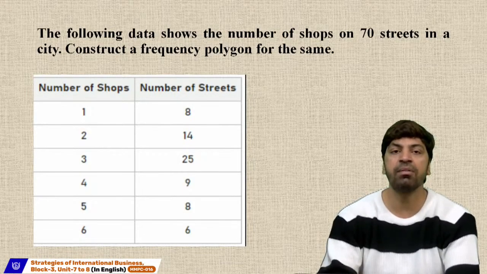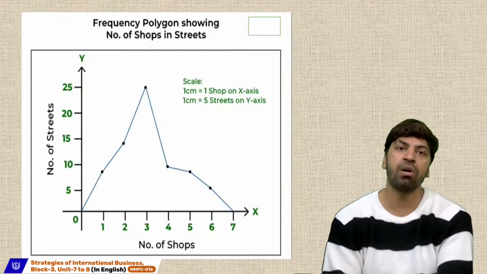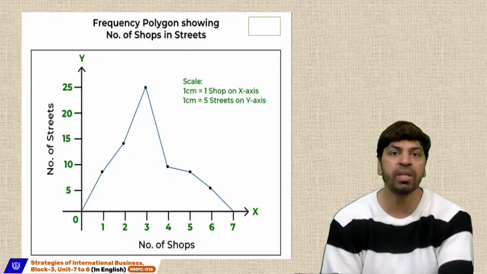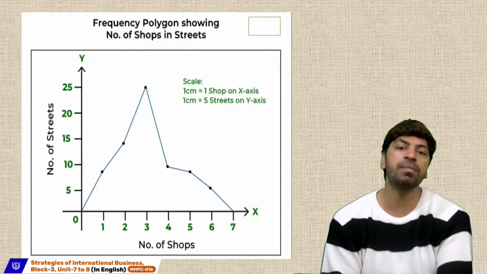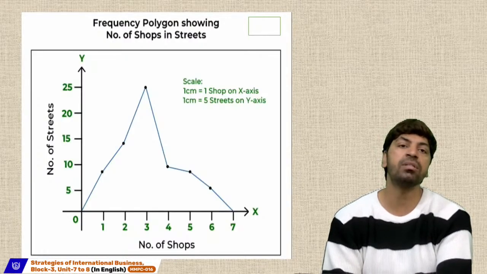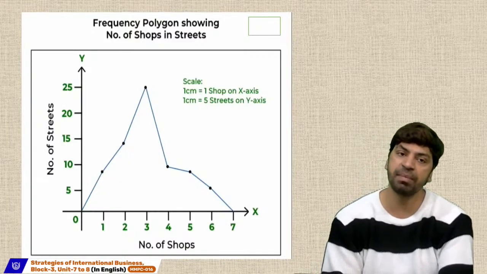So let's have a view. This is how the frequency polygon has been drawn. The frequency polygon showing the number of shops in a street. So if you look up, the number of shops has been measured on the x-axis and the number of streets is measured on the y-axis, and based on the number of shops, the number of streets has been drawn.